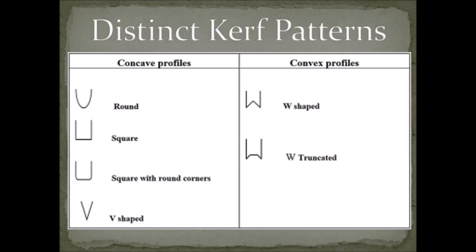So on our left-hand side here, we have typical blade marks made by certain tools. For example, the V shape down here at the bottom. That's our most typical knife shape, right? You've got a knife blade coming in, and it'll wedge something apart, with this sharp edge here. Conversely, square with round corners is more like a circular saw or a power tool.